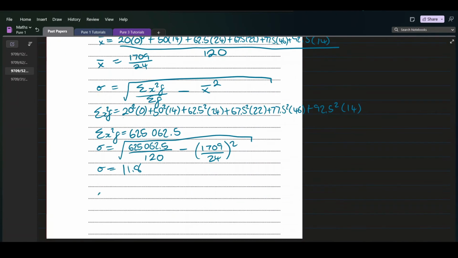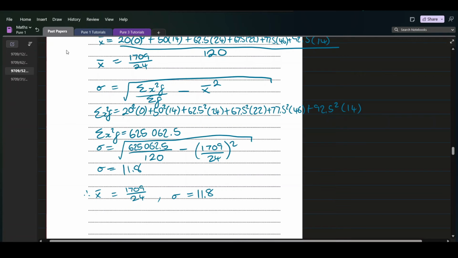So therefore x bar is equal to 1709 over 24, and sigma is equal to 11.8, and this would be our final answer.